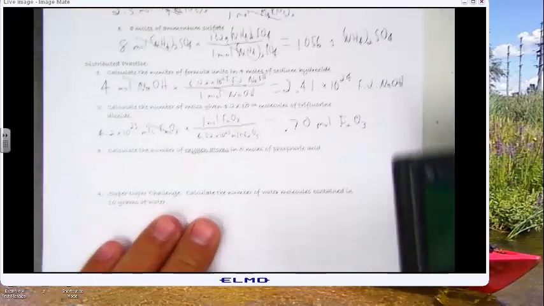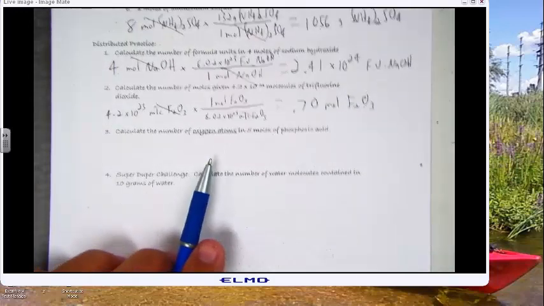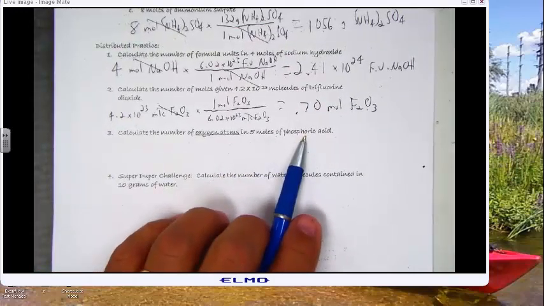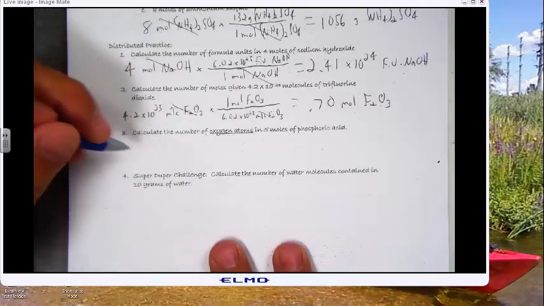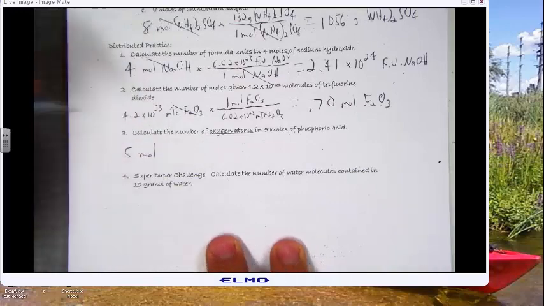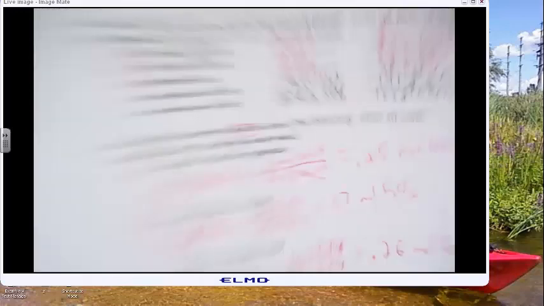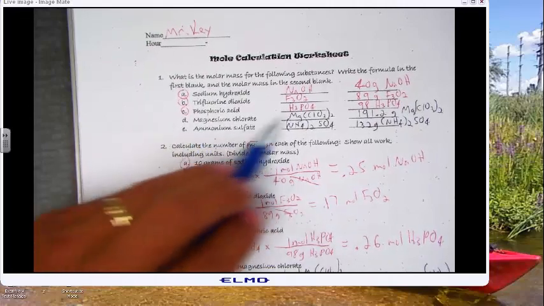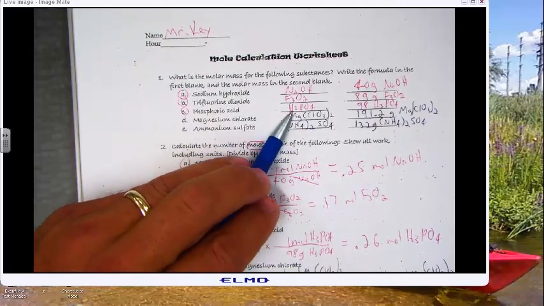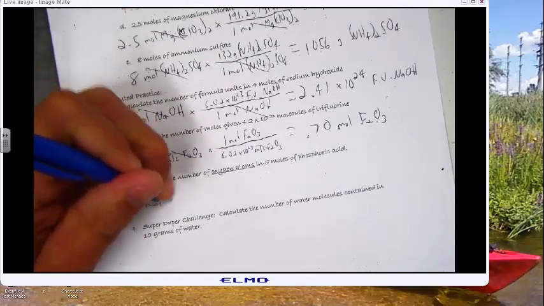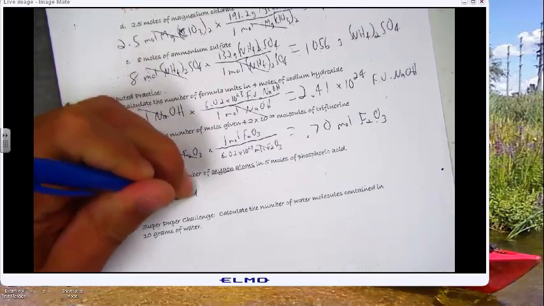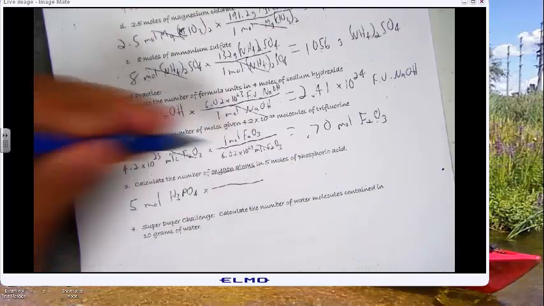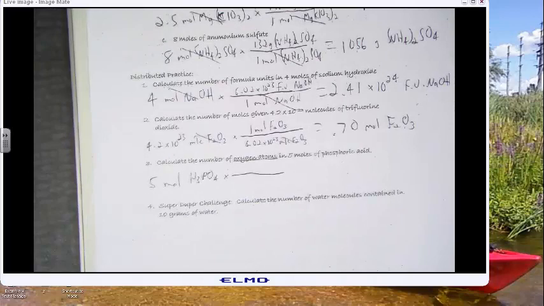The next one, calculate the number of oxygen atoms in 5 moles of phosphoric acid. We're starting off with 5 moles of phosphoric acid. On the other side, we have already figured that its formula is H3PO4. Now get ready to multiply by a fraction.